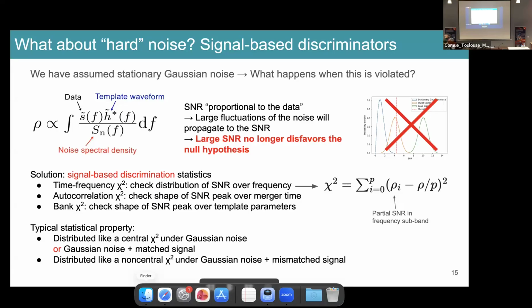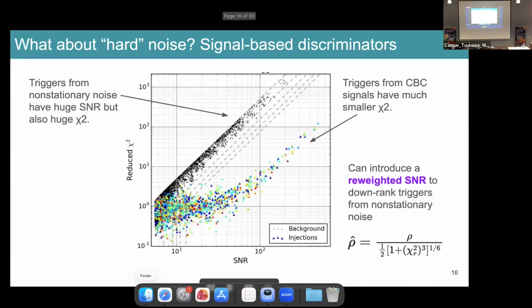So you would expect the SNR to be comparable across all frequencies, essentially. And if this is not the case, then this is probably not a CBC signal. And this gives you a way to reject non-stationary noise. And I can show an example of this.